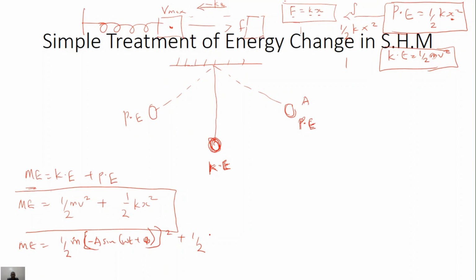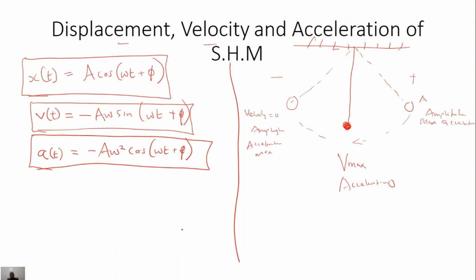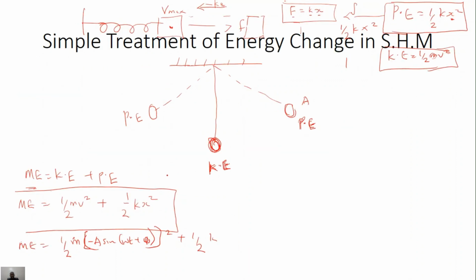And we know that the displacement from the previous slide is a cos (ωt plus ψ), squared.